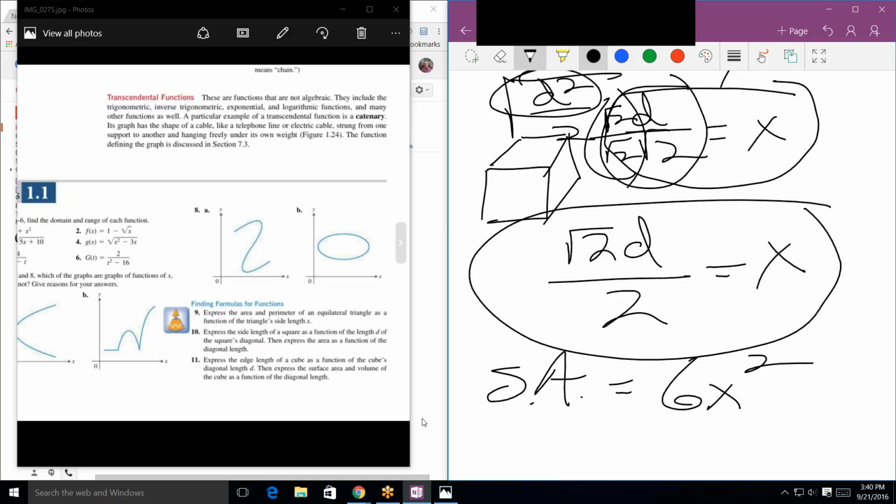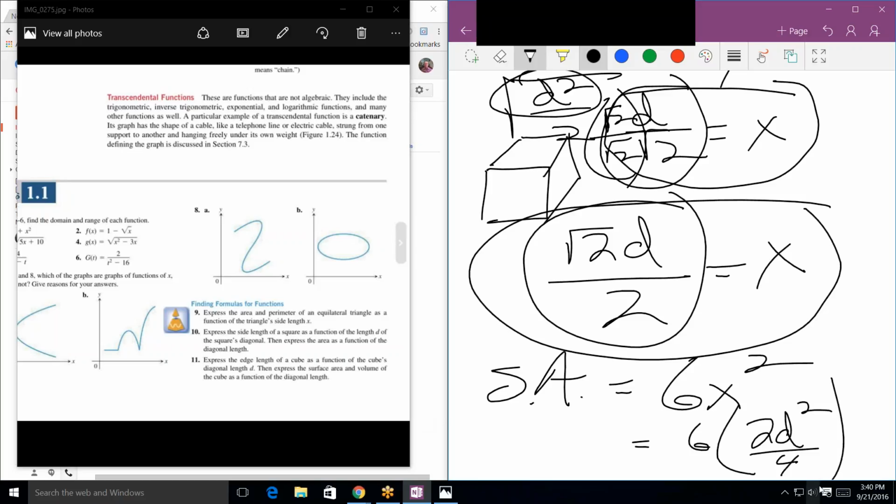Now, what is x squared? Because it wants it expressed as a function of diagonal length. So in place of x, I'm going to write that. So x squared would be 6 times 2d squared over 4. See how I got it? Because of what we had before. I just squared this. In other words, this is what x is equal to.